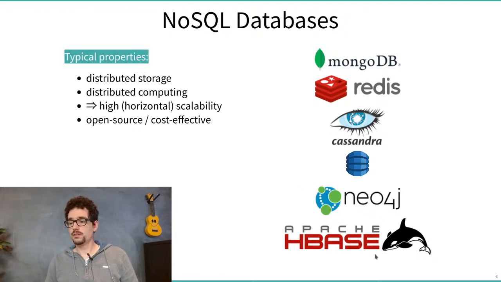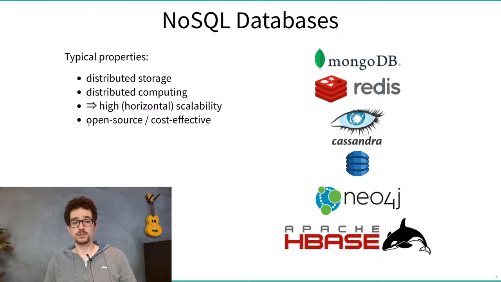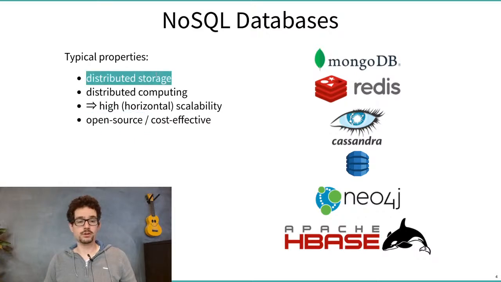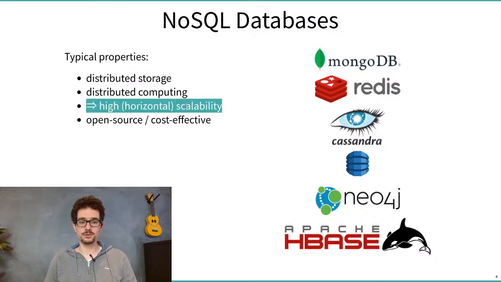All the NoSQL database management systems you see here on the right, and many more, are open source. So I said Oracle is also a distributed database, but Oracle is costly. So when you want to do the same things with the same horizontal scalability, you may buy an expensive Oracle license.